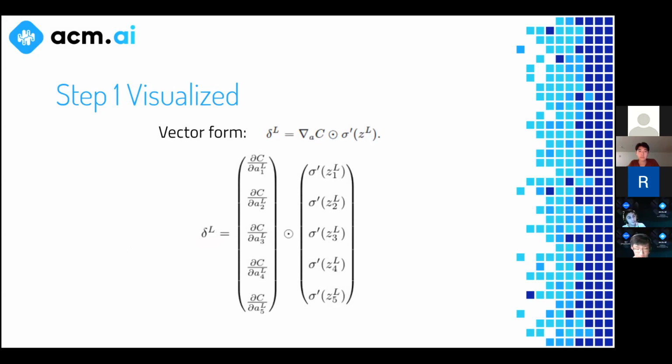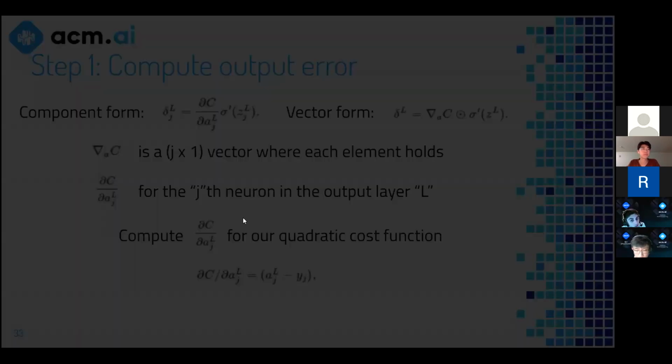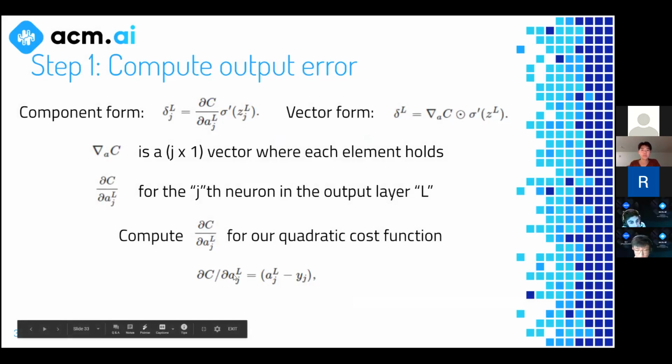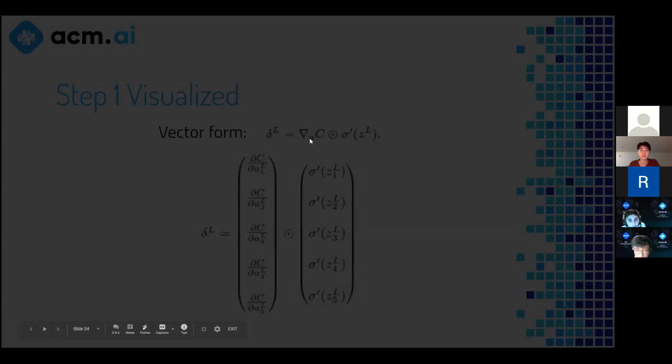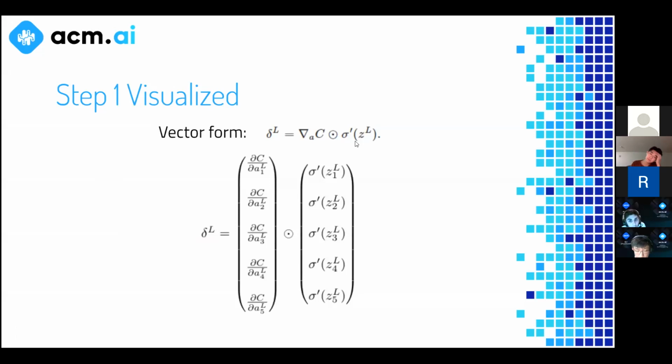So for every neuron in the output layer, I first calculate the derivative of the cost with respect to the activation. To do that, it's this value, so we compute this value. Then we multiply it by the weighted input of that exact same neuron, but we pass that value through the derivative of the sigmoid.